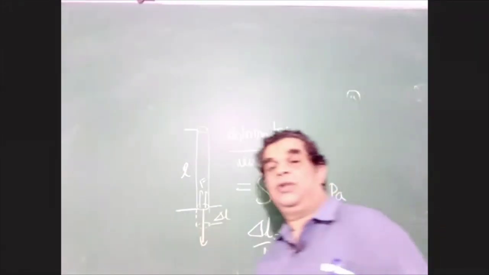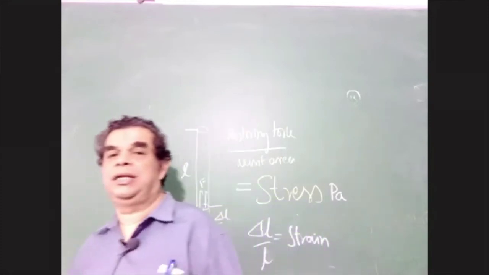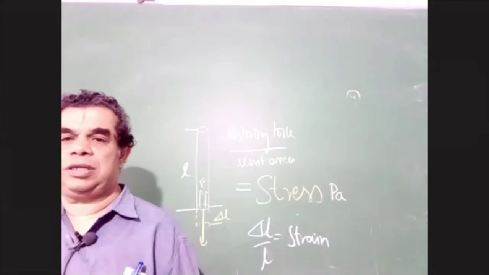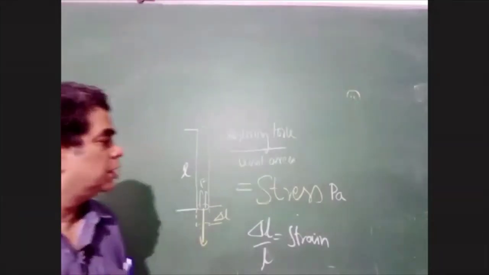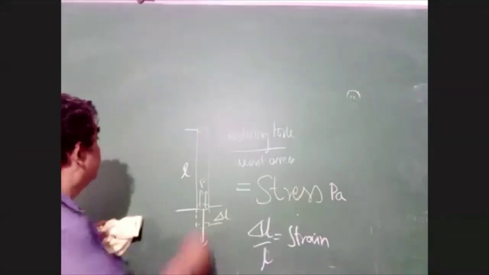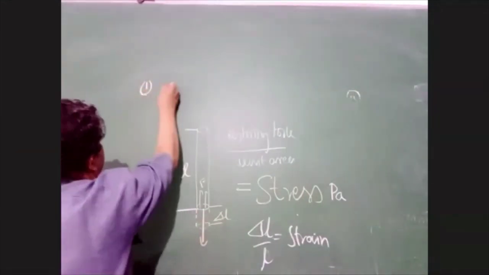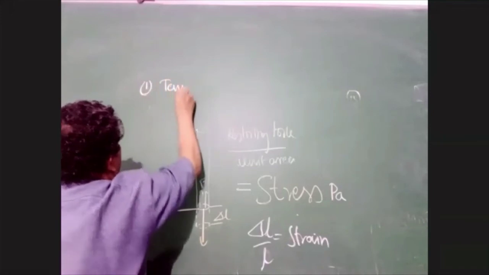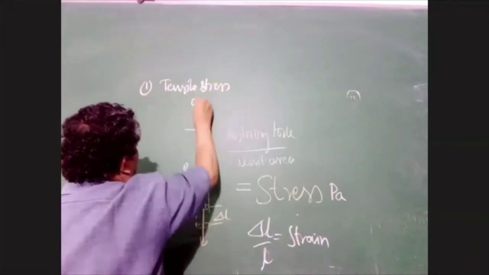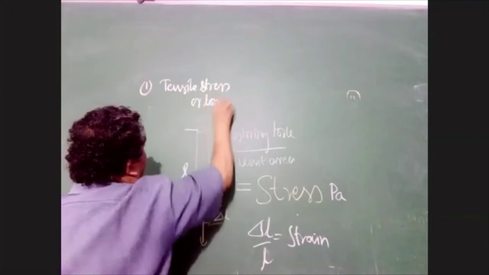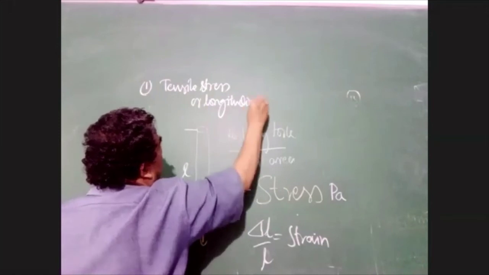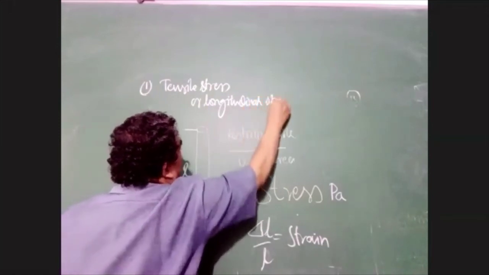In fact, once we learn stress and strain, we think of different types of stresses and strains. The first type is tensile stress or longitudinal stress. One by one we'll start. What do we mean by this?